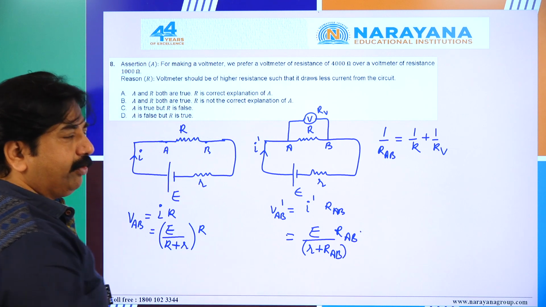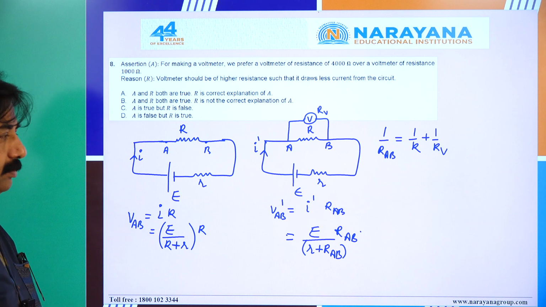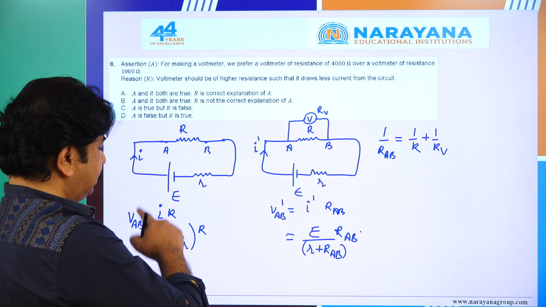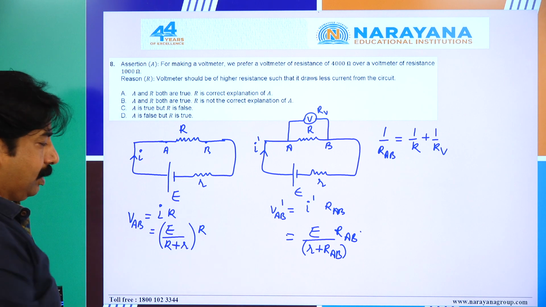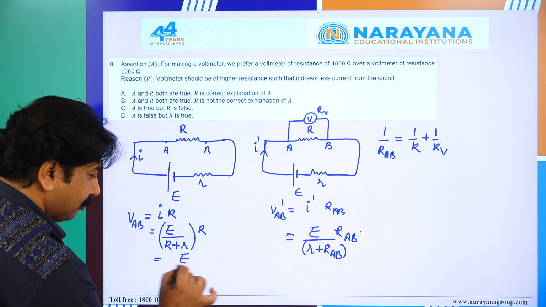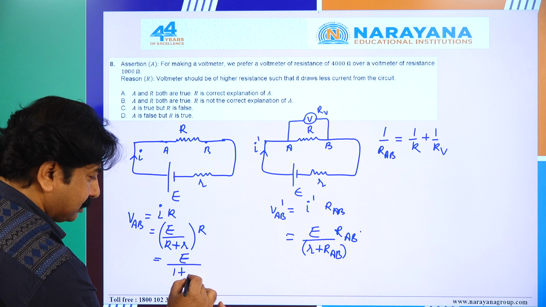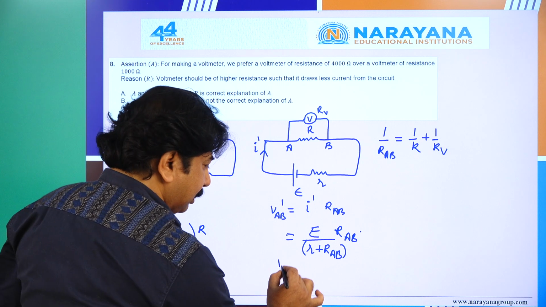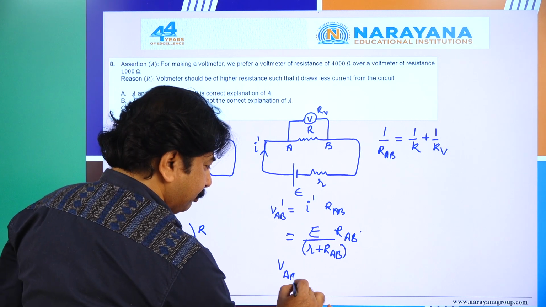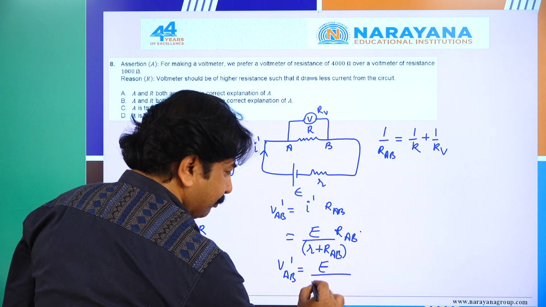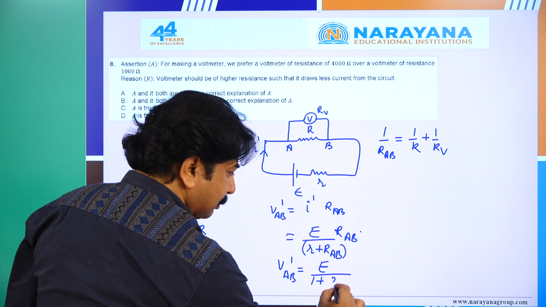But one thing everyone has to observe very clearly. VAB dash, this is the VAB. Now this can be written in such a way, 1 plus R by R. VAB dash becomes E by 1 plus R by RAB.